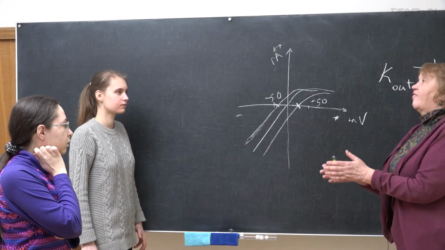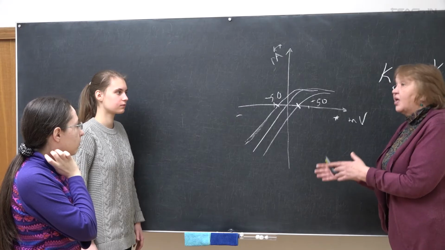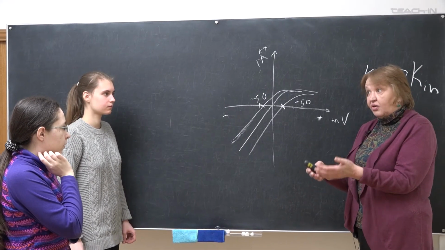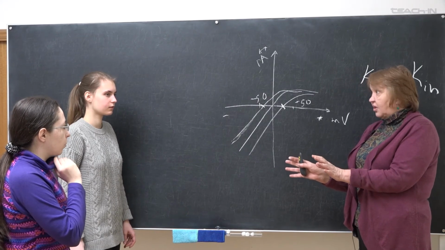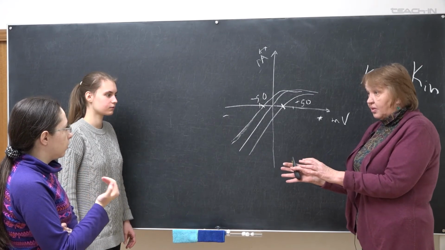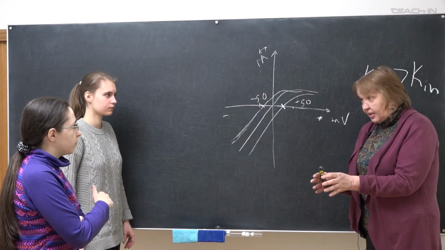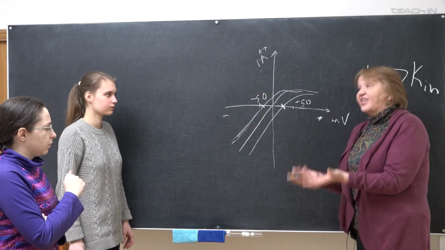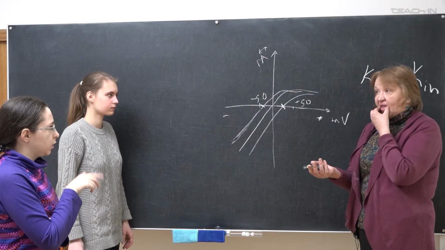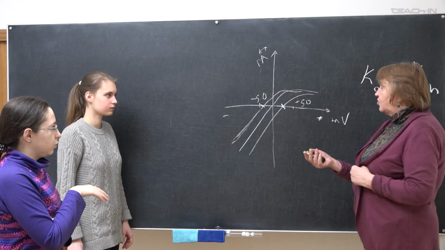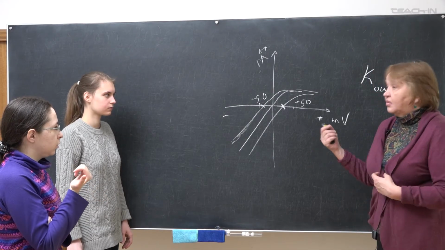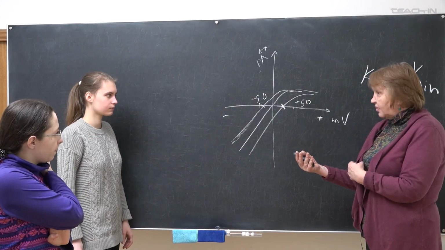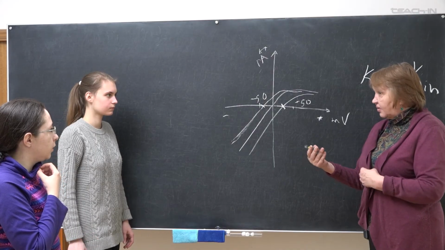So if you have higher concentration of potassium outside, the driving force, just from concentration, will make ions flow in. But we want the potential that will prevent it. So we need a positive potential which will push ions out, which means that the reversal potential will be positive.